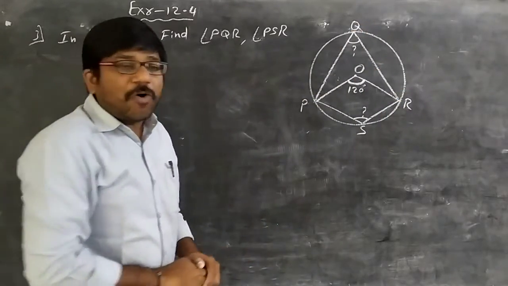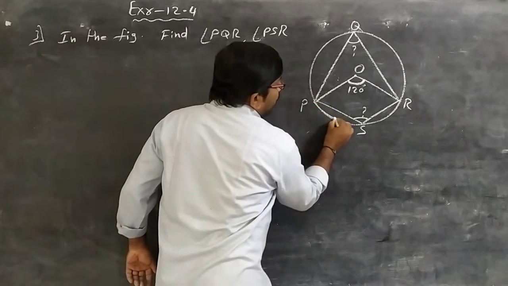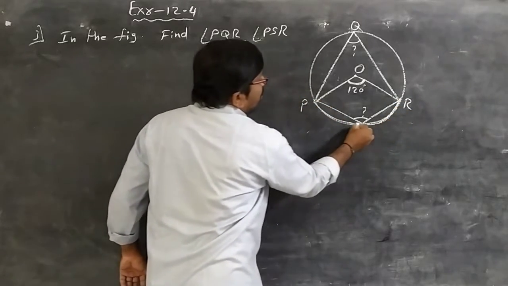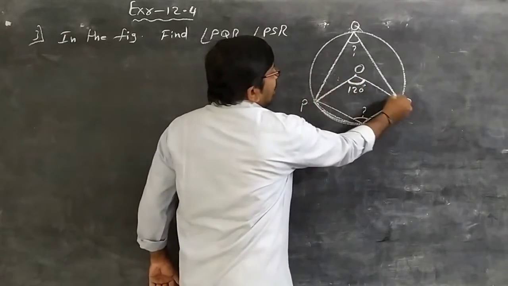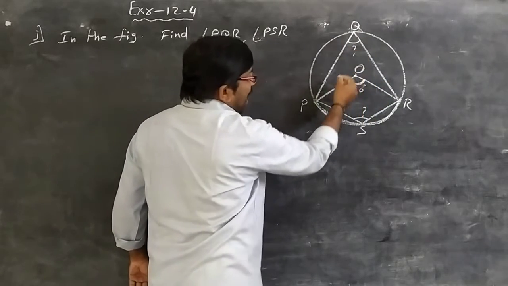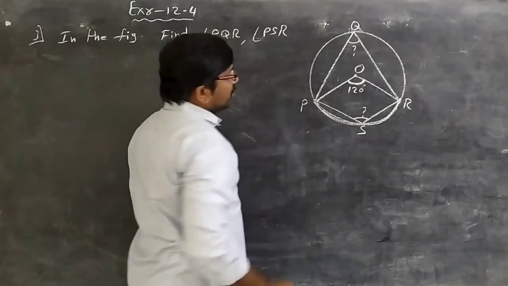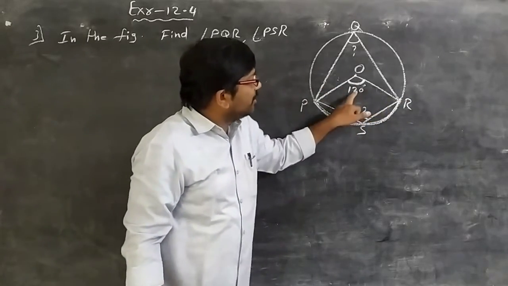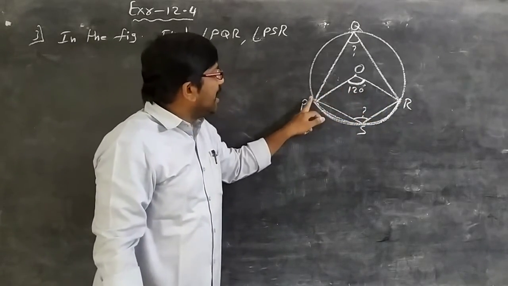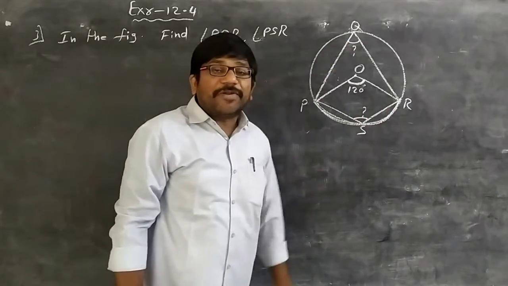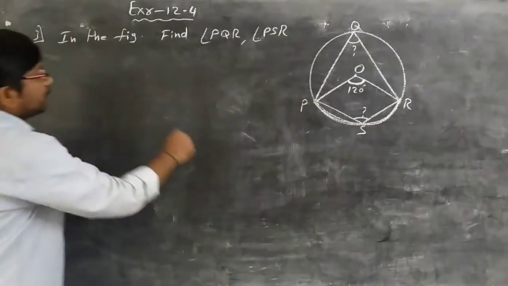From theorem 4, the arc PSR makes an angle at the center that is twice the angle at any point on the remaining circle, right?